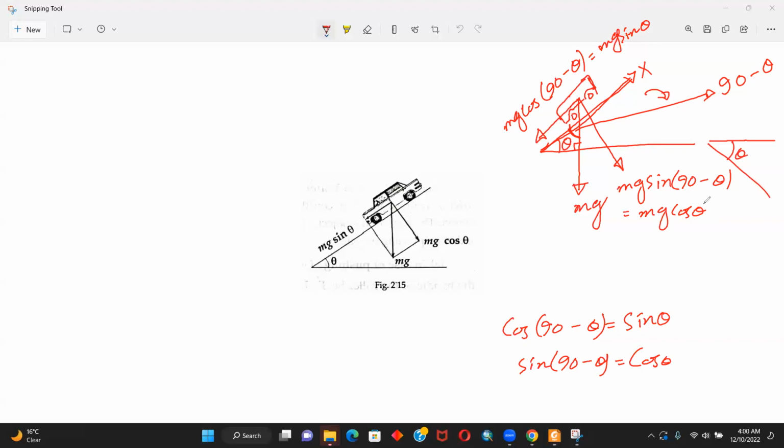Yes. So in this way, you will get various scenarios and various frames where you have to divide the whole system into components for your easiness. Say for instance the question setter might say the horizontal component of the weight is given as 75 newton.